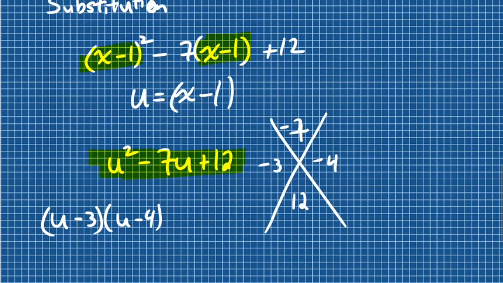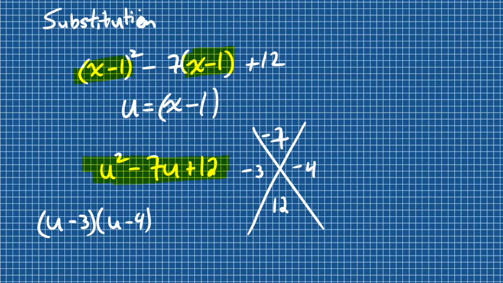And a lot of times people will be like, all right, that's cool, I'm done, and then move on to the next problem. But you can't do that because you made a substitution back up here, and you need to go back and plug in this expression that we started with for your final answer.